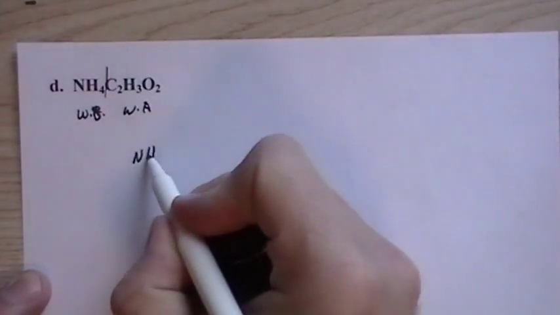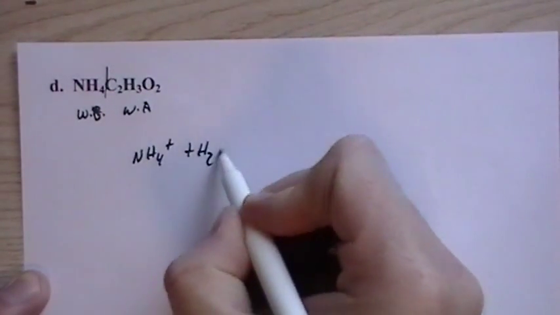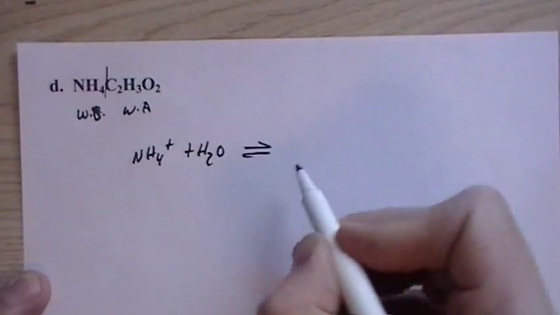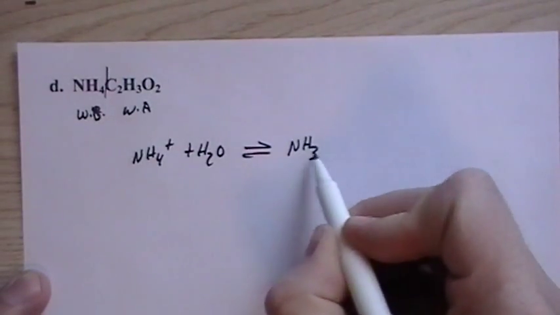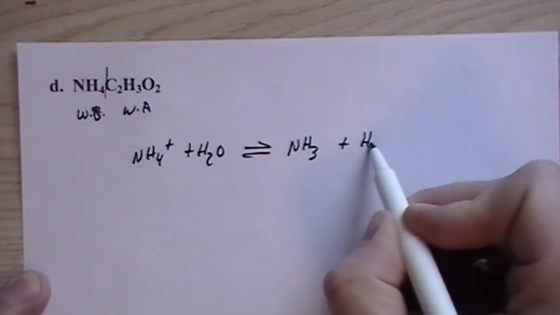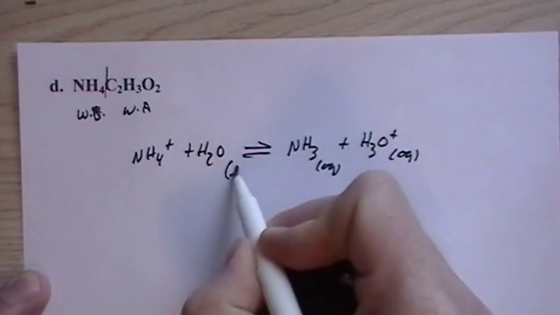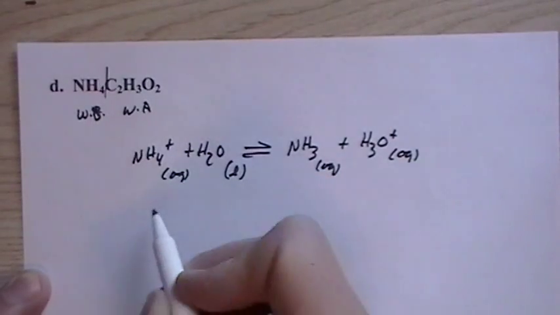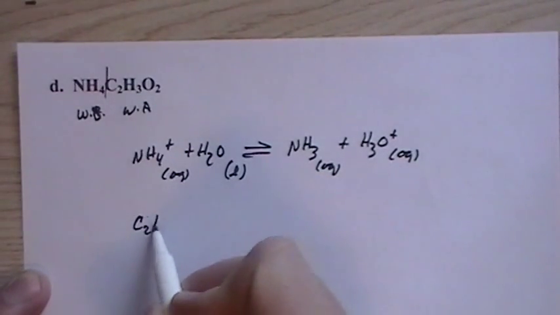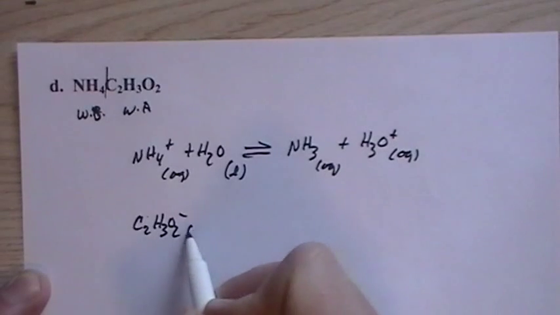So when it goes into solution, the ammonium ion is going to do just like it did in the previous problems, but I'm going to rewrite it. And then we have H3O plus. And I don't know if I've been putting the phases in. I should. If I don't, I think you can tell that these are in water.